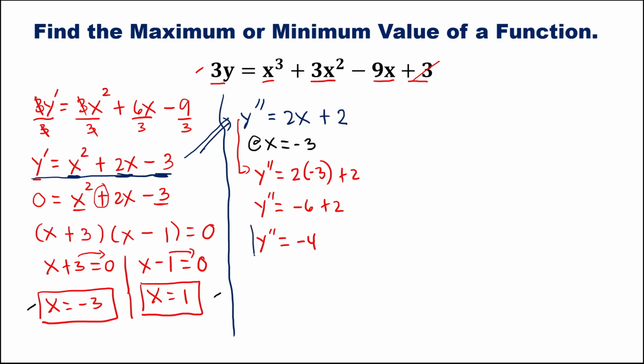So since the value for the second derivative is negative, therefore x equals negative 3 is the maximum value.